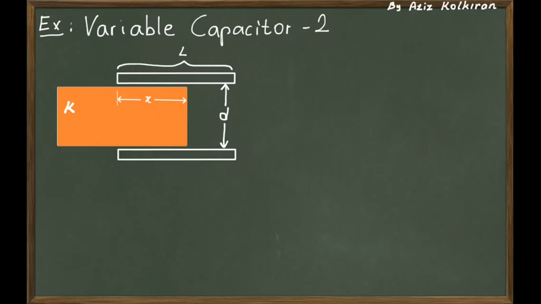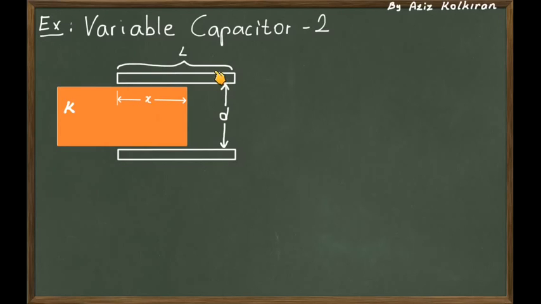In this example, we have a parallel plate capacitor with plates in the shape of a square with sides L, and we slide a dielectric material from the left side a distance x into the region between the plates.